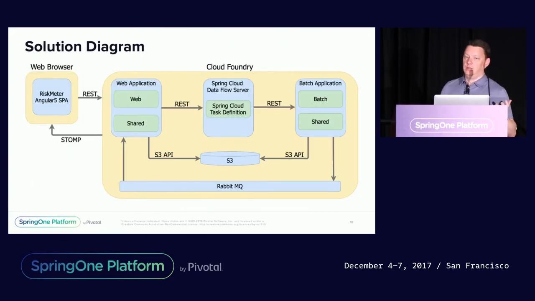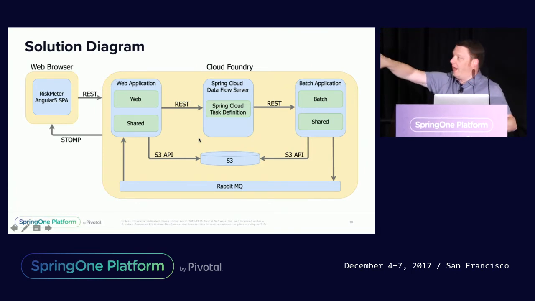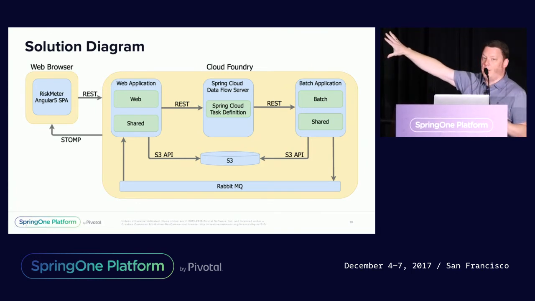So the solution then looked like this from an architectural standpoint. We have a RiskMeter Angular 5 single-page web app that makes REST calls to the web backend, which is a Spring Boot application running in Cloud Foundry.